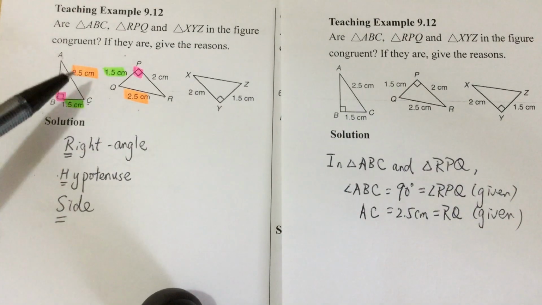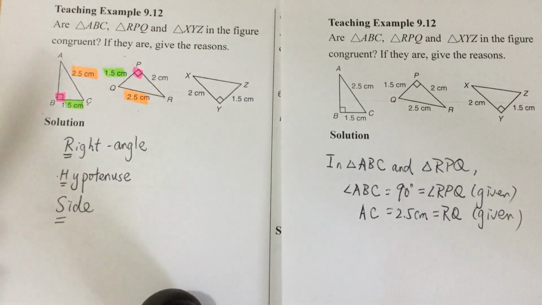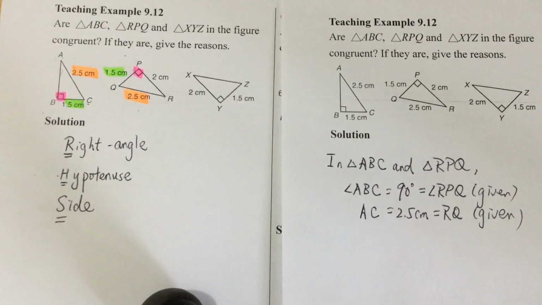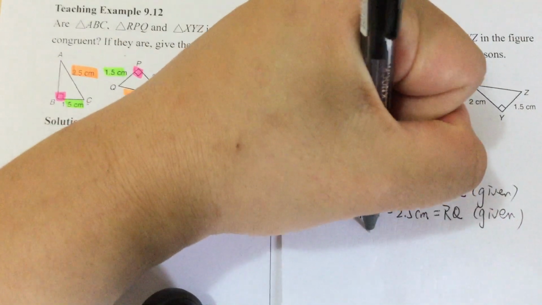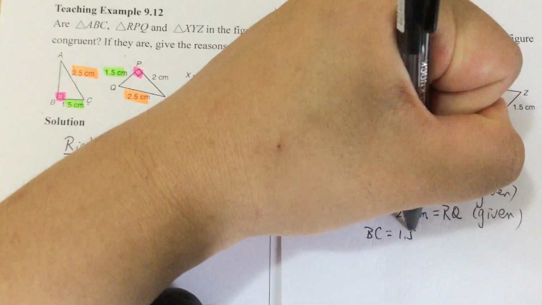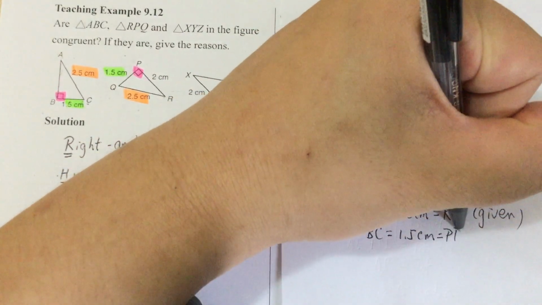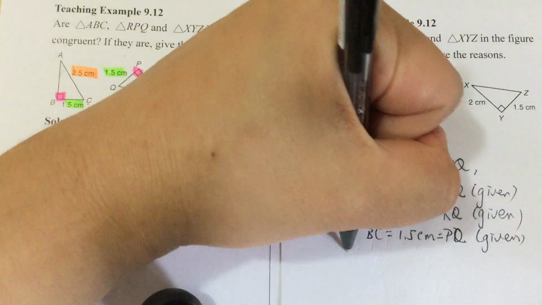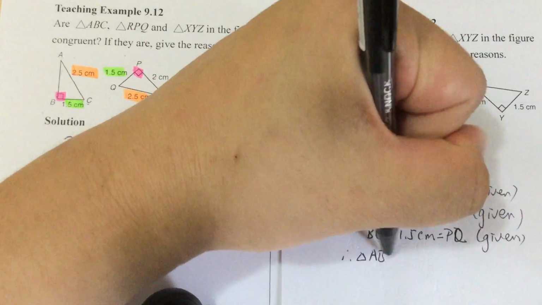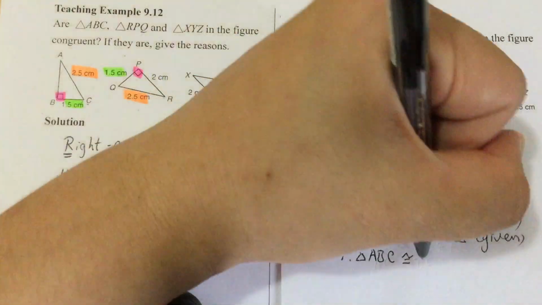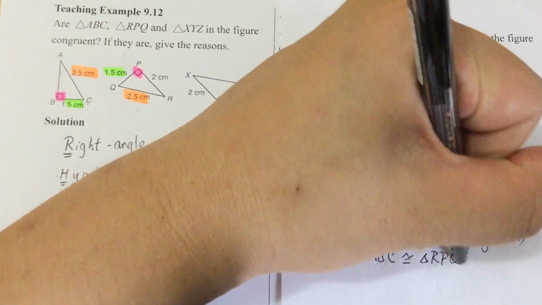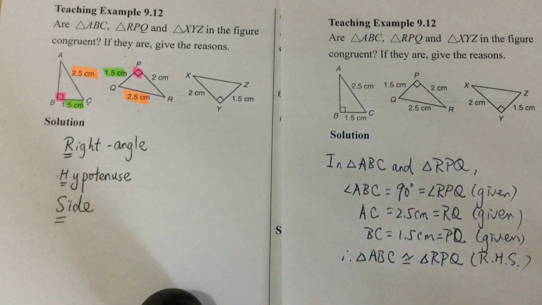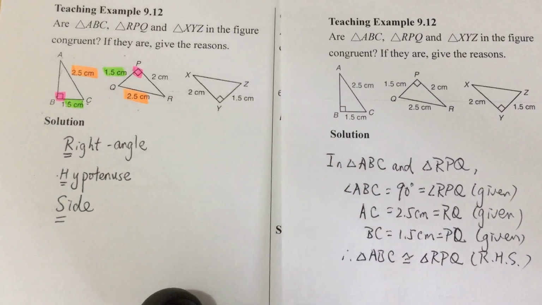And last, BC equals 1.5 cm equals PQ, given once again. So we will say that these two triangles are congruent: triangle ABC is congruent to triangle RPQ, by RHS.